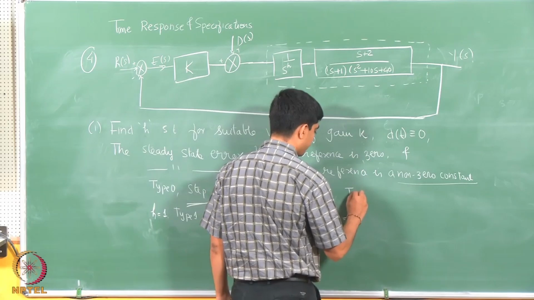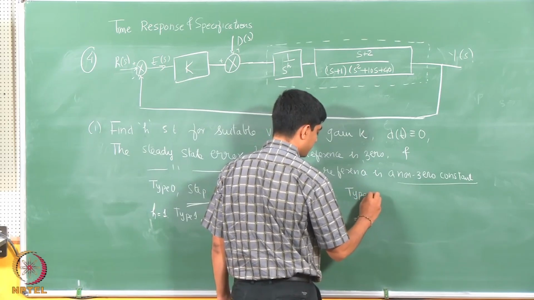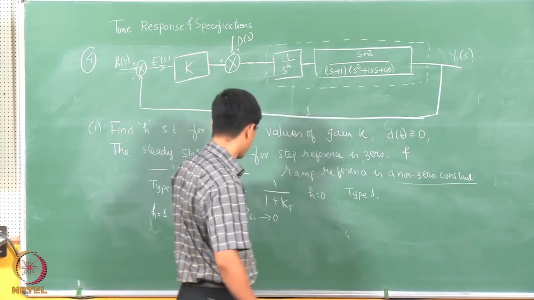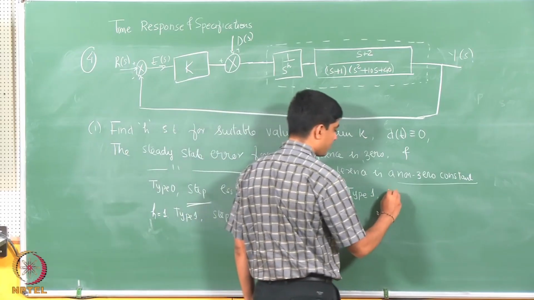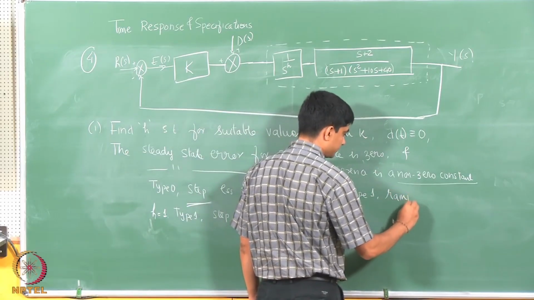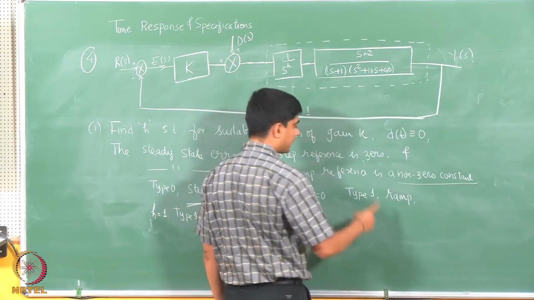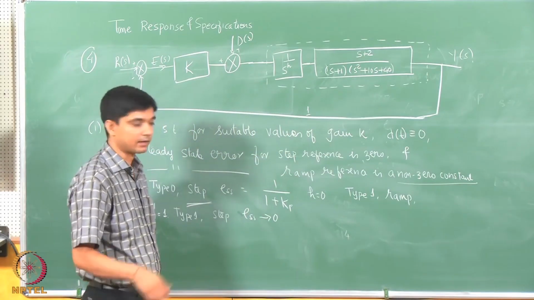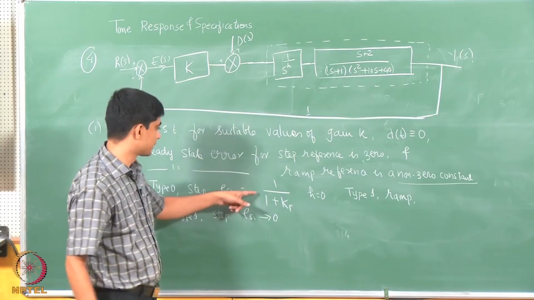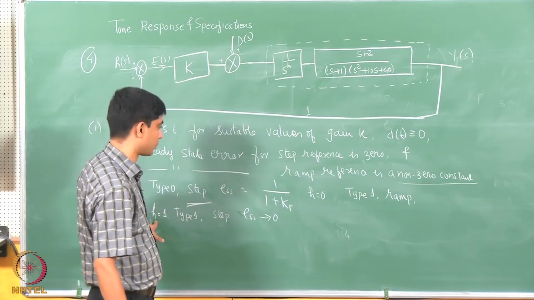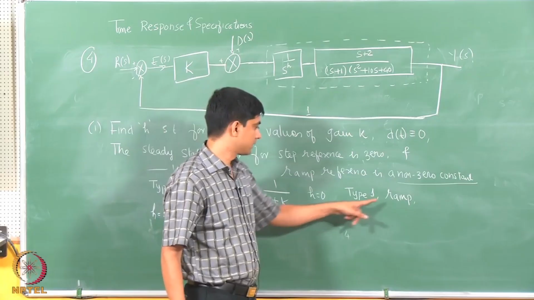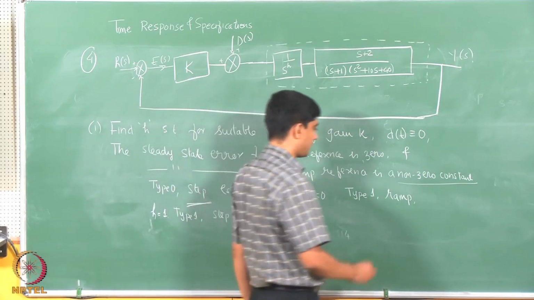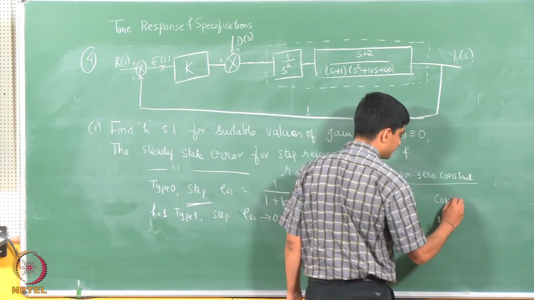So, if I have a type 1 system, okay, and the input is a ramp. Okay. So, I know that a type 0 system will not be able to track a ramp and the error is infinity, and h equal to 0 is ruled out anyways, right. I will start with h equal to 1. Type 1 system, a ramp input, I know that there is a constant error.